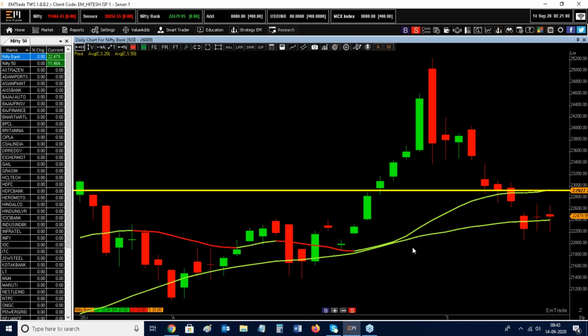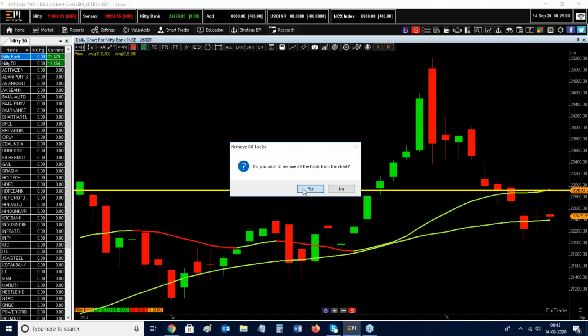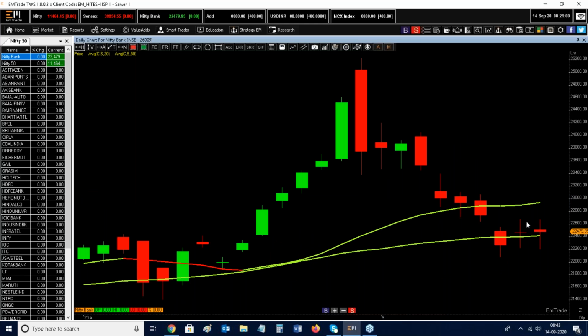So we have seen bank makes a big component as far as the weightage of the Nifty is concerned. Market moved up backed by Reliance and IT stocks. Right? So banking will continue to remain a drag. And for the last two trading sessions, we are seeing identical highs in Bank Nifty.